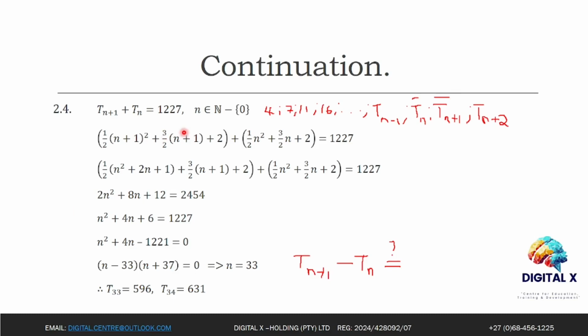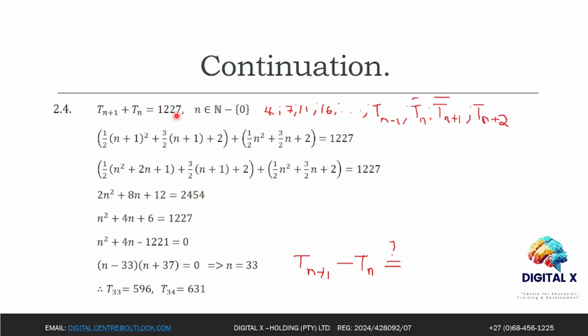Just to reiterate, if you were to take any of the other terms and add them, it could be this and that, and when you add them together they should give you 1227. But for the purpose of this video and this question, we go with these, because they are the only 2 terms which, when added together, give you 1227.